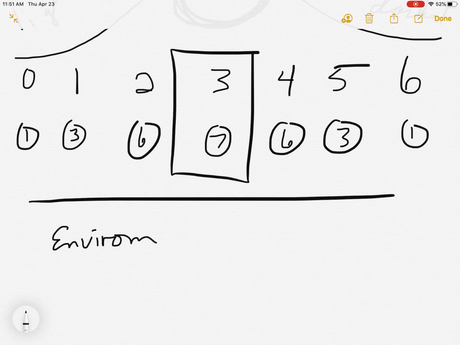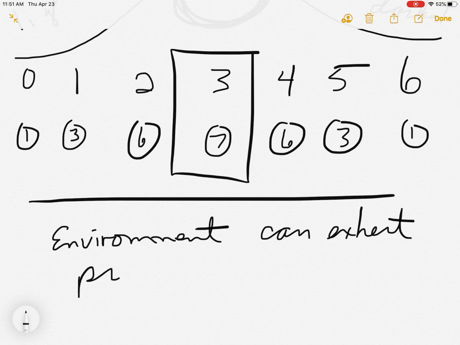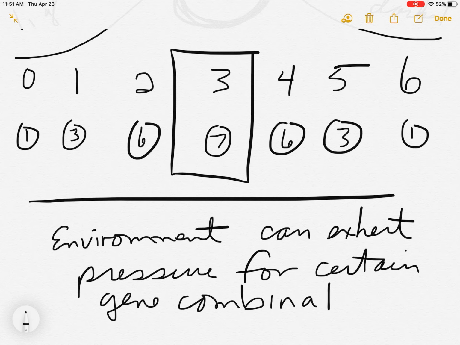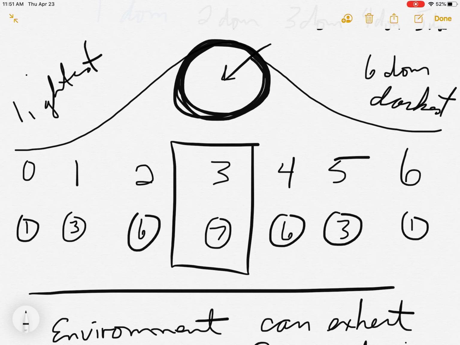But unfortunately, it doesn't work that way, because as we're going to learn in our next unit, there's the whole thing of the environment you live in, and the environment can exert pressure for certain gene combinations.